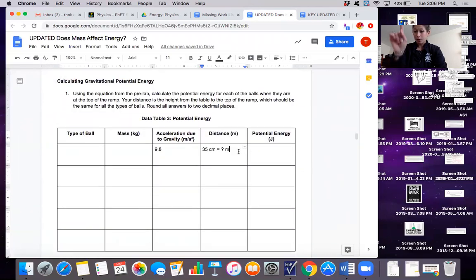So just like last time, we're going to move the decimal place twice, making this 0.35 meters. That should be the same distance for all 5. Then you use your masses, the acceleration, which is the same for all 5, and the distance, which is the same for all 5, to calculate potential energy.